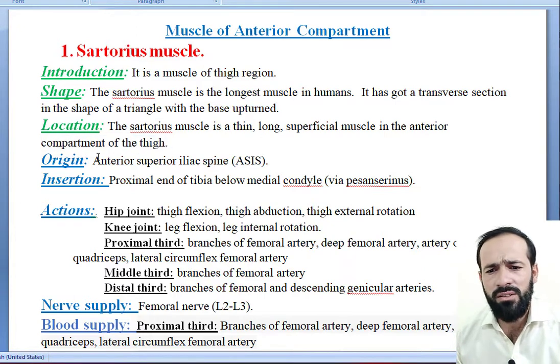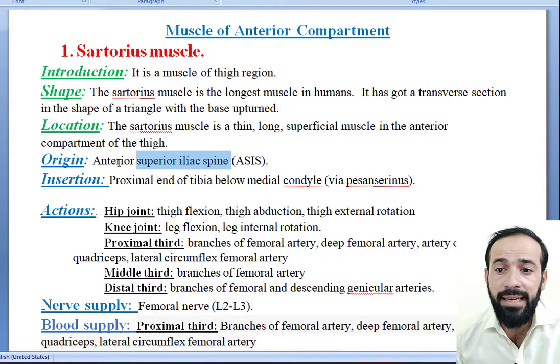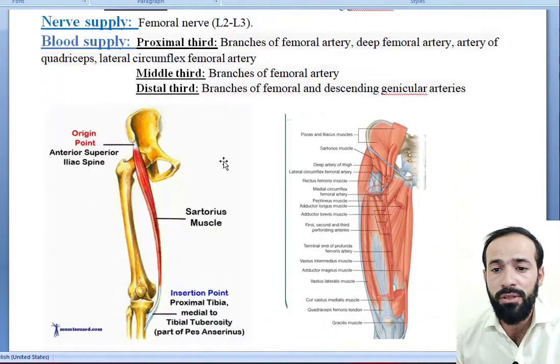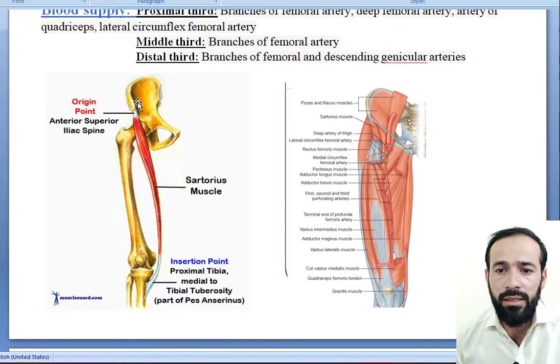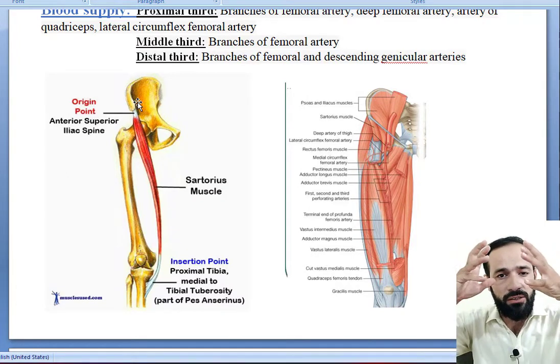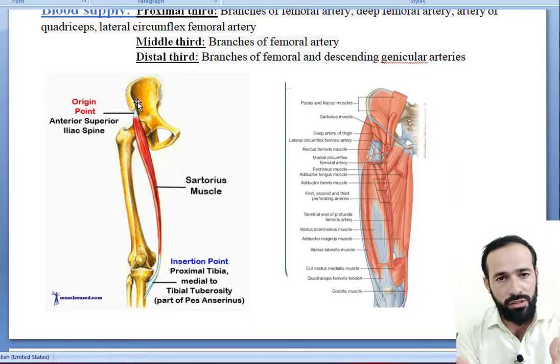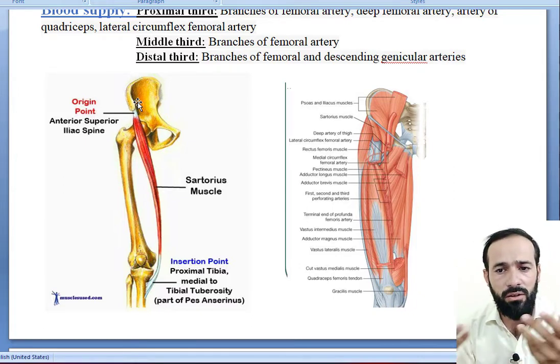Where does it get its origin? It arises from the anterior superior iliac spine. You know, in the iliac bone you have spines: anterior superior iliac spine, anterior inferior iliac spine, posterior superior iliac spine, posterior inferior iliac spine. All these spines are there.